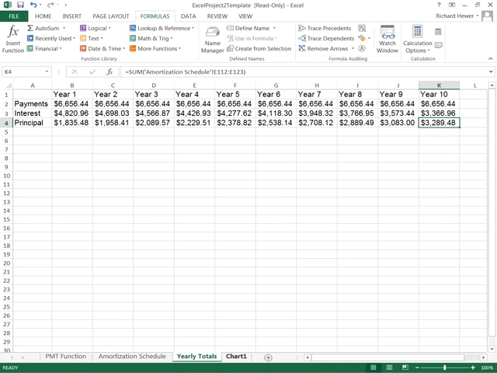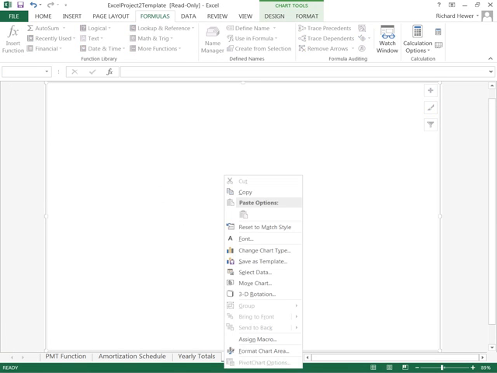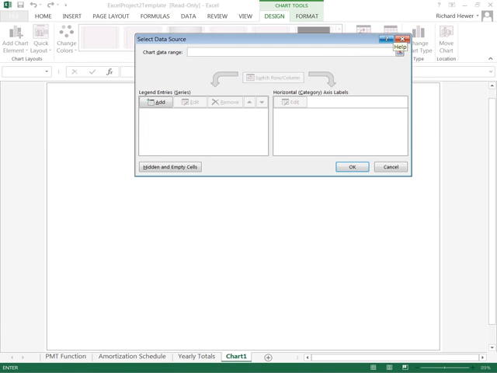Now, I have one thing left. That's the chart. We go over here. I've already inserted the chart area. So all you need to do is right-click or click on Chart Tools. In both of those, then we have a spot for Select Data.